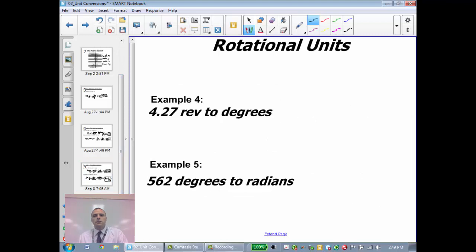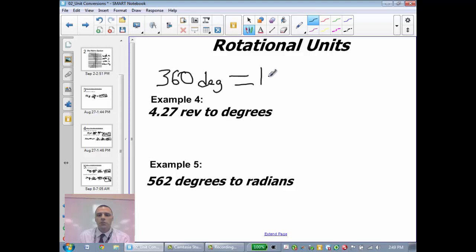The final conversion that you might see in physics is a rotational unit. Rotation talks about some type of circular motion. There are 3 units that you could possibly see with rotation. The first one is degrees, so there are 360 degrees in 1 full rotation.